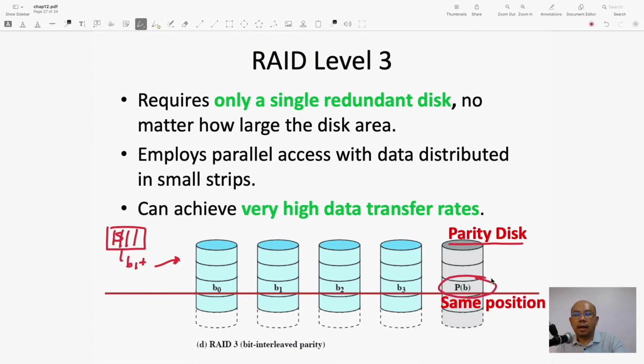When you lose a hard drive, the parity can restore or recover the data back into the system. That is level 3.